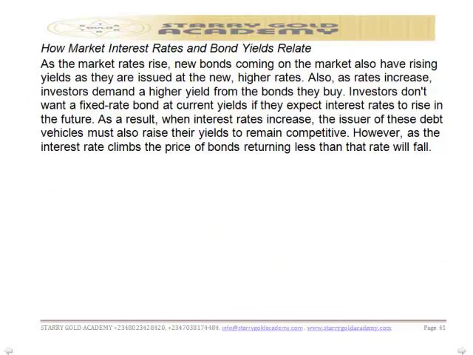Now, as the market rate rises, we are trying to explain the relationship. As the market rate rises, new bonds coming on the market also have rising yield as they are issued at the new higher rate. I don't think you understand what I'm trying to say.